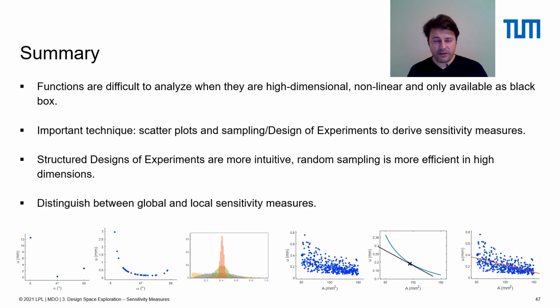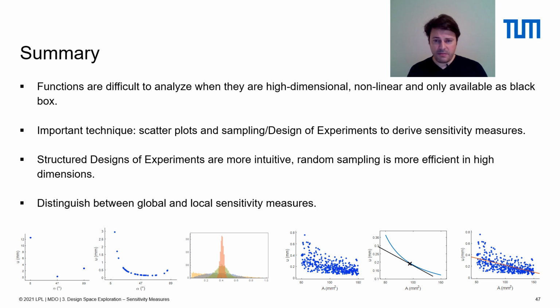As a general recommendation for sampling, I recommend random sampling if you do not have particular information about the structure of your function. Random sampling is really the technique to choose when you have nasty functions and you do not want to adjust your sampling technique to the particular properties of the function.